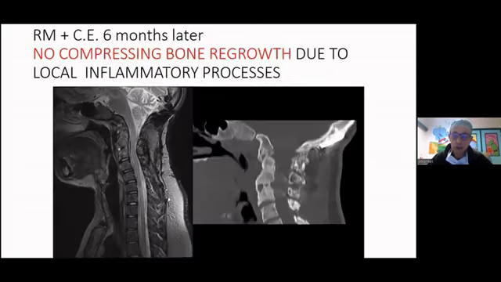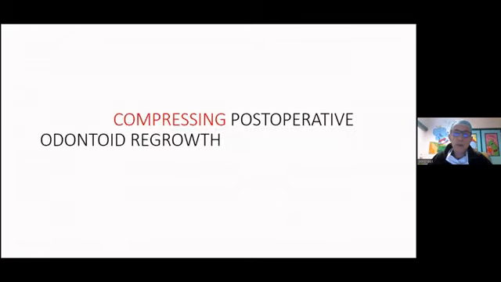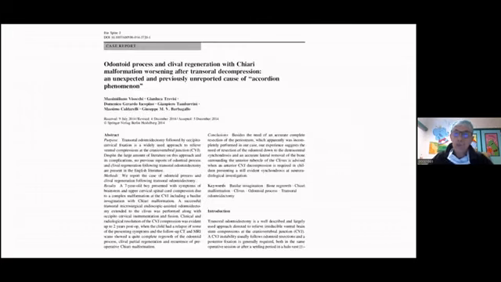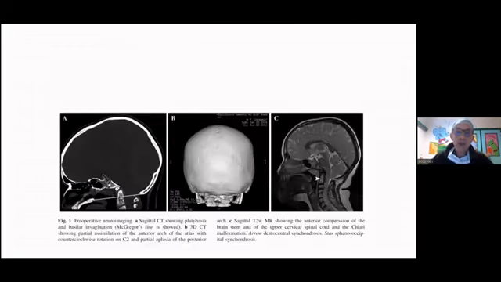This is the CT scan 6 months later demonstrating a regrowth of the bone, and this was not compressive. But the example I'm going to show you now is a compressive odontoid regrowth, again in a patient harboring both basilar invagination, platybasia and Chiari 1 malformation, along with fusion of C1 and C0.